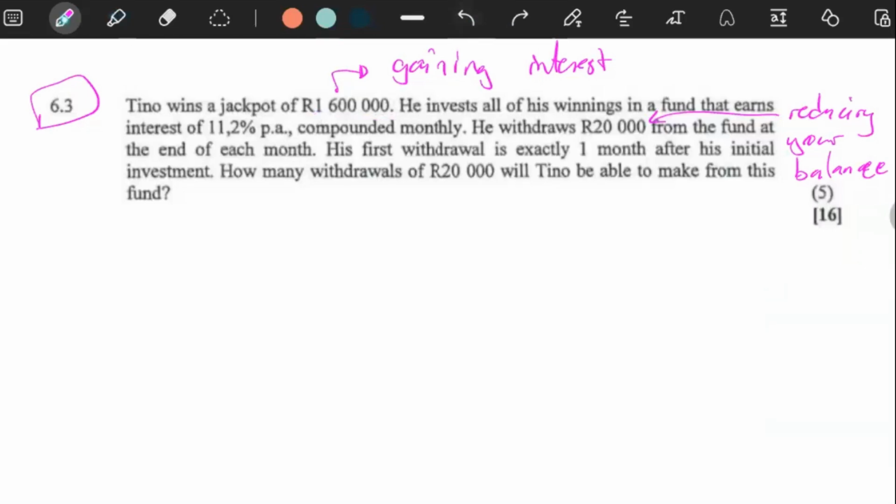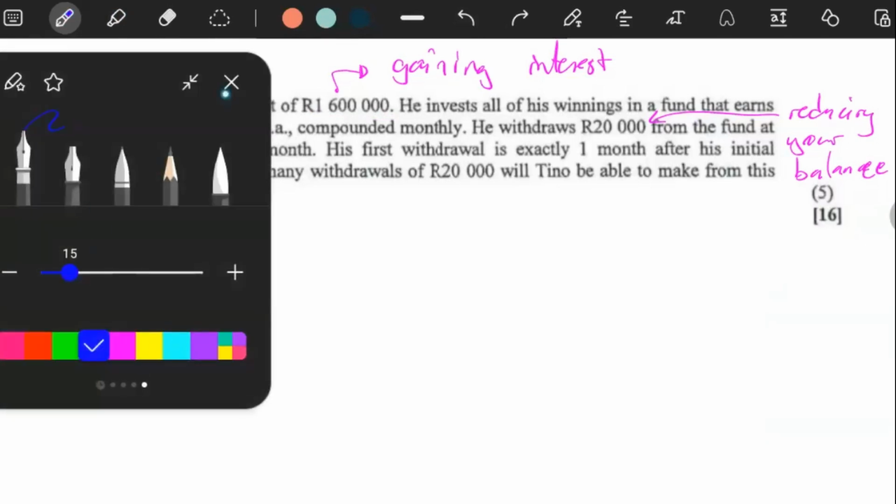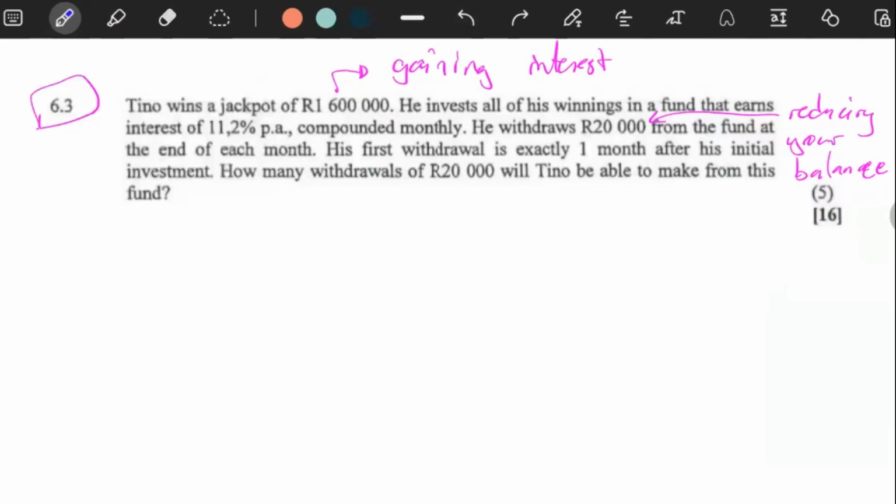Now, a scenario like that, you need to remember that's exactly what happens when you take out a loan. When you take out a loan, that loan gains interest over time. However, as you pay off, the loan gets smaller and smaller and smaller. So even though here they did not say anything about a loan, it does not mean that you cannot use the P formula.